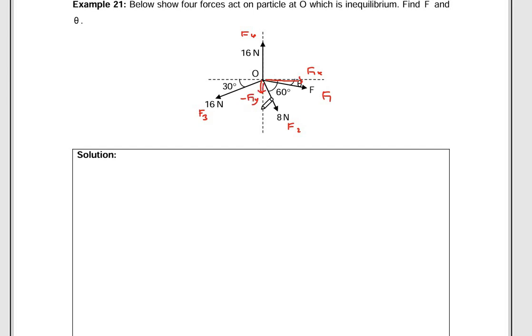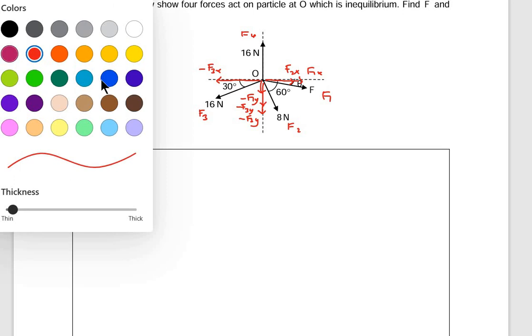F2, dia akan ada F2Y negatif dan positif F2X. F3 ke sana, dia ada komponen negatif F3X, negatif untuk X, dan Y dia pun negatif, negatif F3Y sebab dia ke bawah. So untuk F4 dia dalam Y axis, so Fx dia kosong. Dia ada Fy sahaja. Okay, so kita akan tunjuk dia punya resultants.